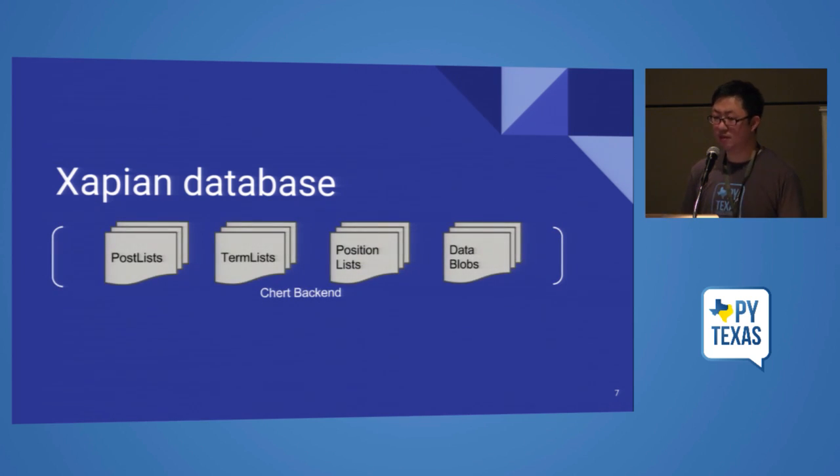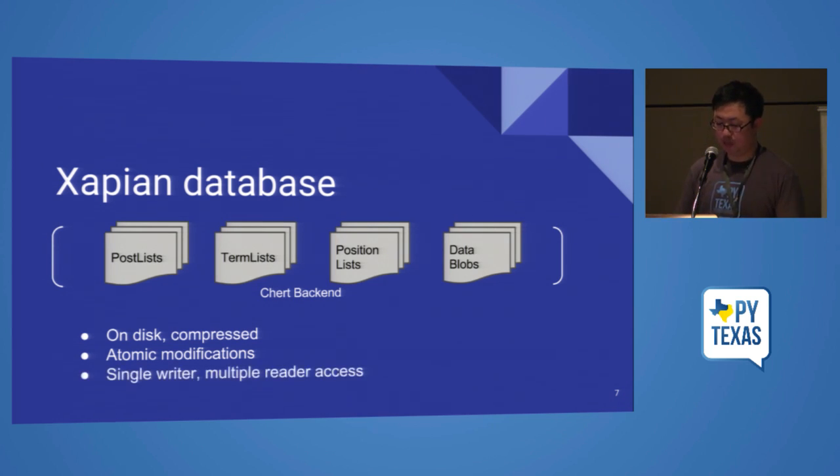The recent release of Xapian uses the Glass backend. It's how we organize the tables on the physical disk. The data is compressed, and it supports atomic modification, meaning you can either successfully update the database or it fails. You cannot end up in the middle of a transaction. It's a high-performance database with a single writer, multiple reader access model.